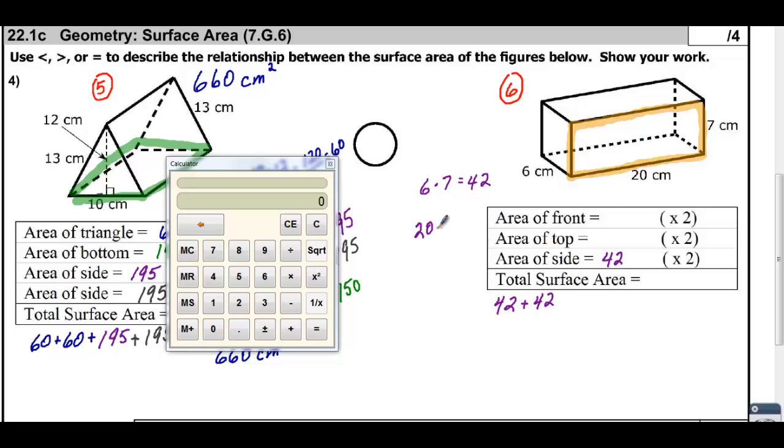Let's color that up orange, just like what we're working on now. 2 times 7 is 14, so 20 times 7 is 140. So the front of the box is 140. And again, I know I'm going to have that twice, once for the front, once for the back. Okay, let's take that shading away.